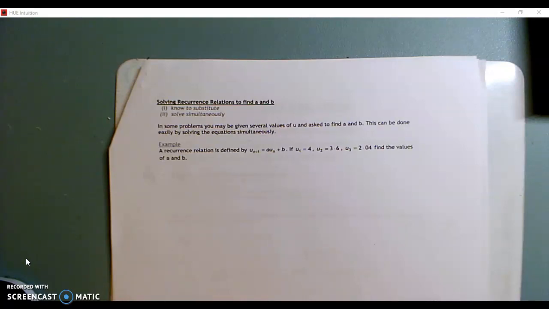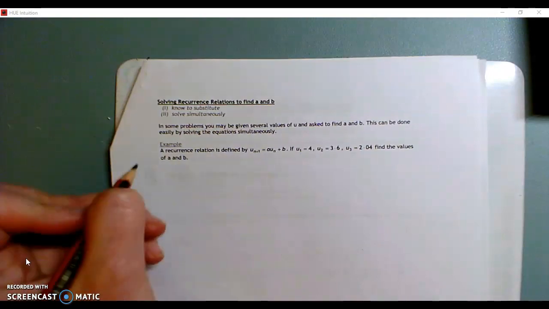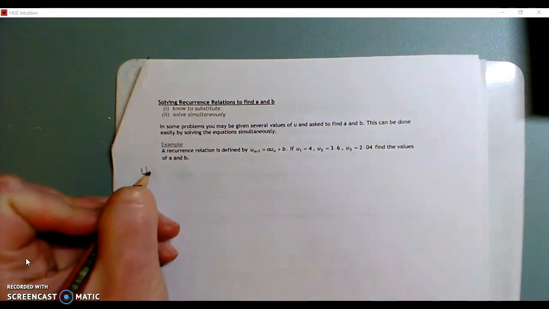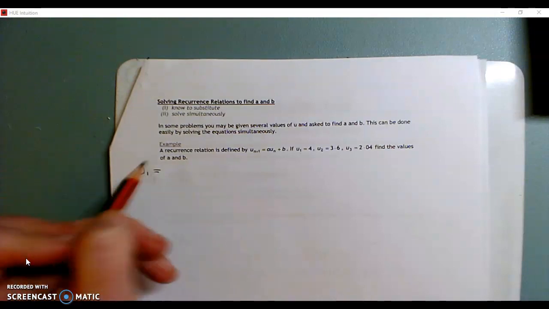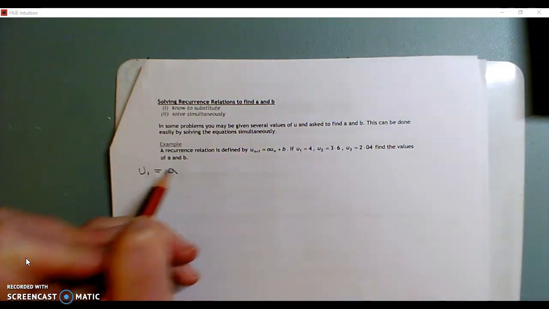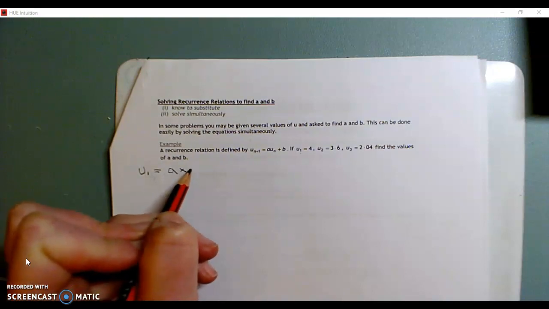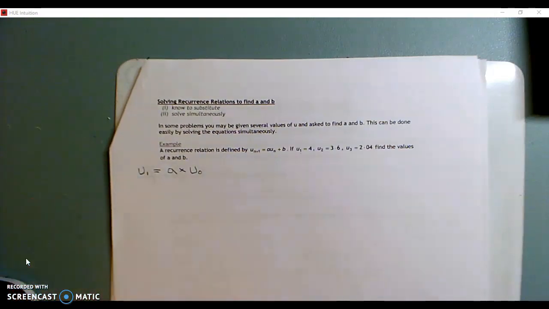To start off, we need to think about how these recurrence relations are formed. In order to get our next term, u1, starting at the beginning, we would take our A value and multiply it by our initial term, which would be u0.